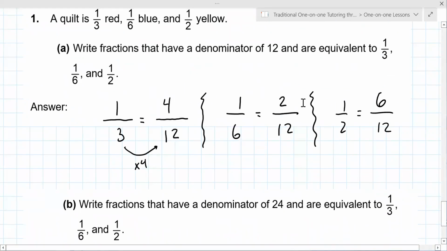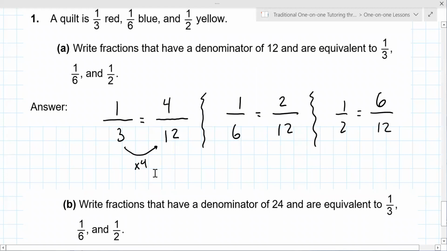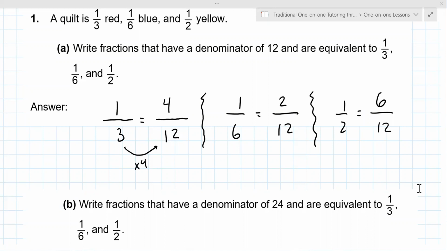I'm just asking you to add 4, 2, and 6. 4 plus 2 plus 6. 12. Good.